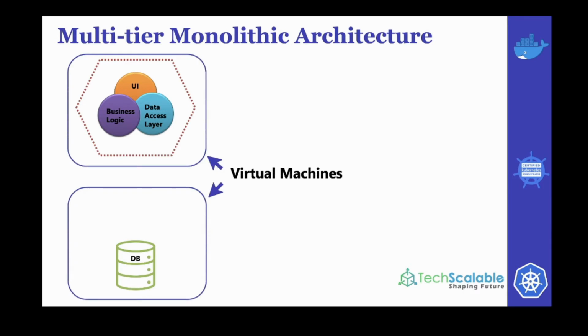If you just look across the entire era where we have seen this change from physical servers to virtual machines, the architectural implementation of our application has shifted from monolithic to multi-tier monolithic. Our physical servers had a lot of resources and our applications were utilizing very little of the resources from that physical server.